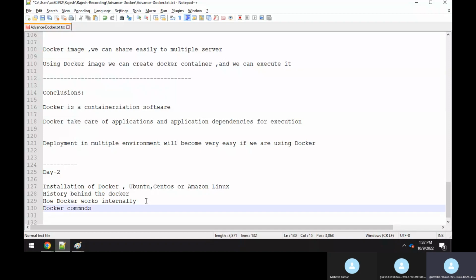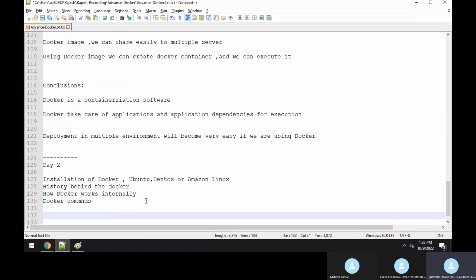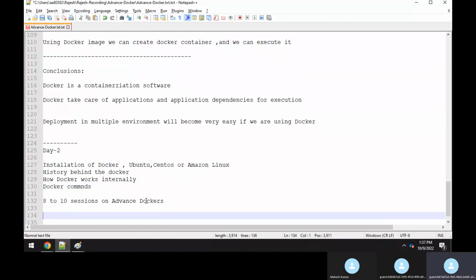It would be very interesting, as there are many things we will be learning in the advanced Docker sessions. I'm hoping that we would be covering some 8 to 10 sessions on advanced Docker. That's what I think. Once advanced Docker completes, we will get into advanced Kubernetes.